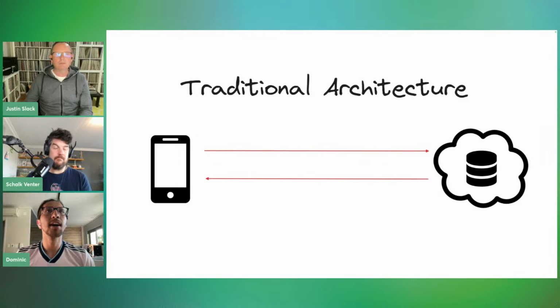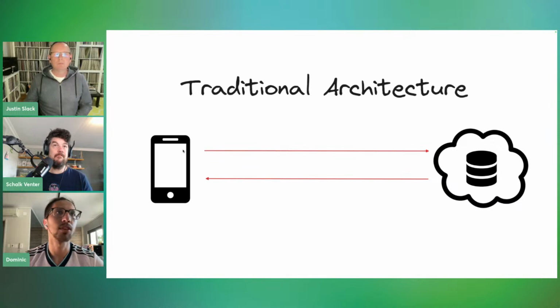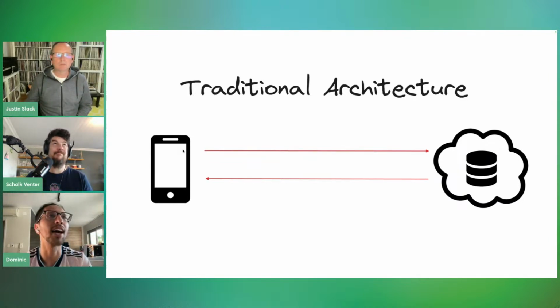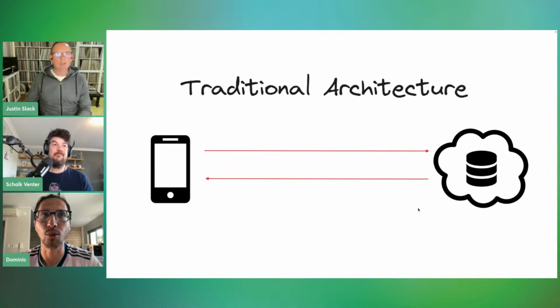Currently, in a traditional architecture, you have your mobile device or website or user app, watch, TV, and it sends and receives data from a backend system that is connected to some form of database or data store.